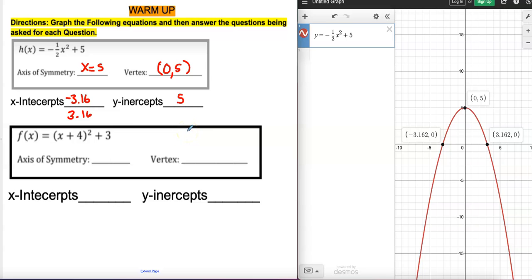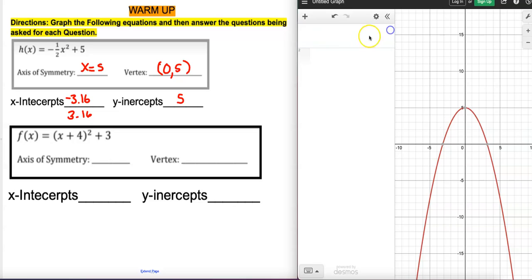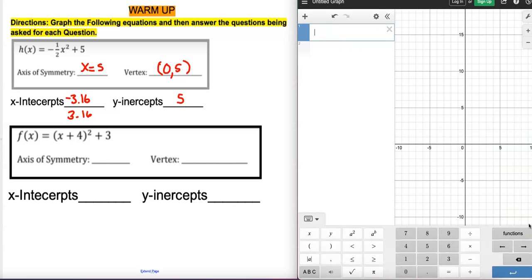Alright, now let's look at the other one. I'm going to take this one out and put the other one in. So the other one is f of x equals, open parentheses, x plus 4, and I'm squaring that entire thing, and then plus 3 at the end.